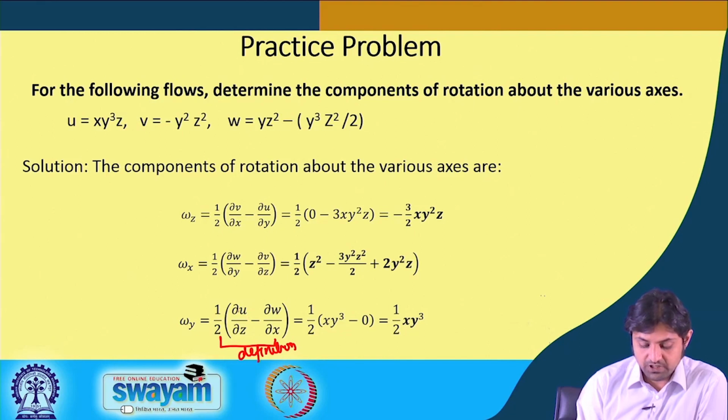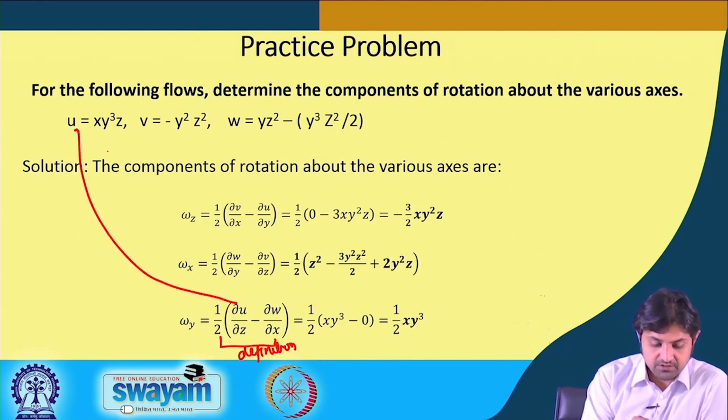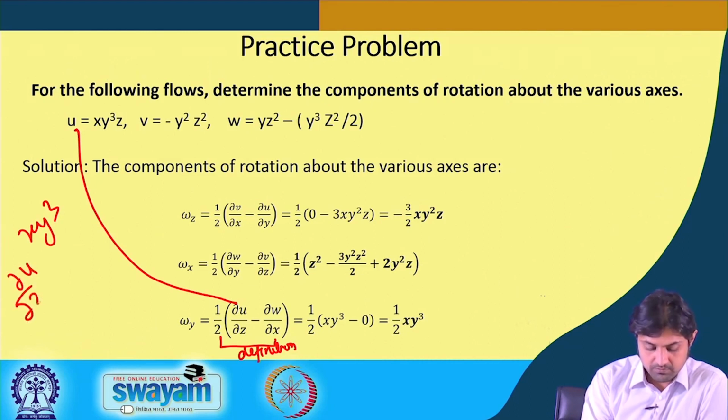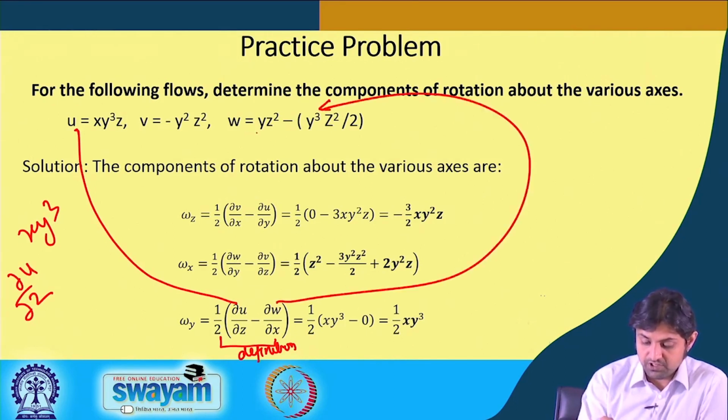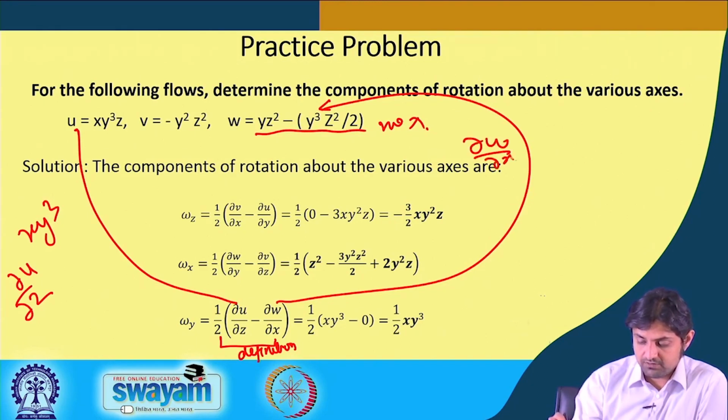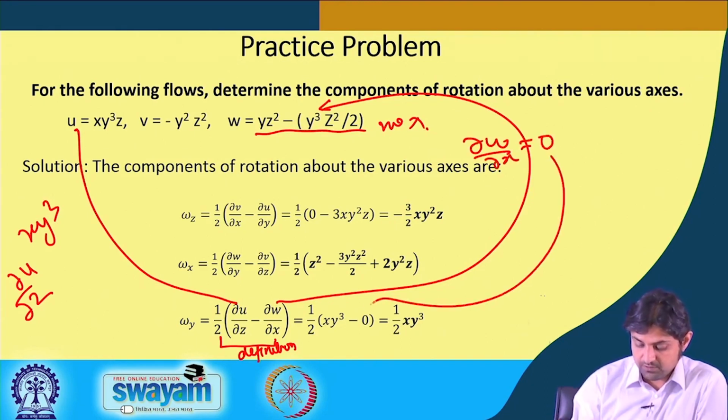Now del u del z will be x y cube, and del w del x: there is no x here, so del w del x will be equal to 0, and this has been shown here.